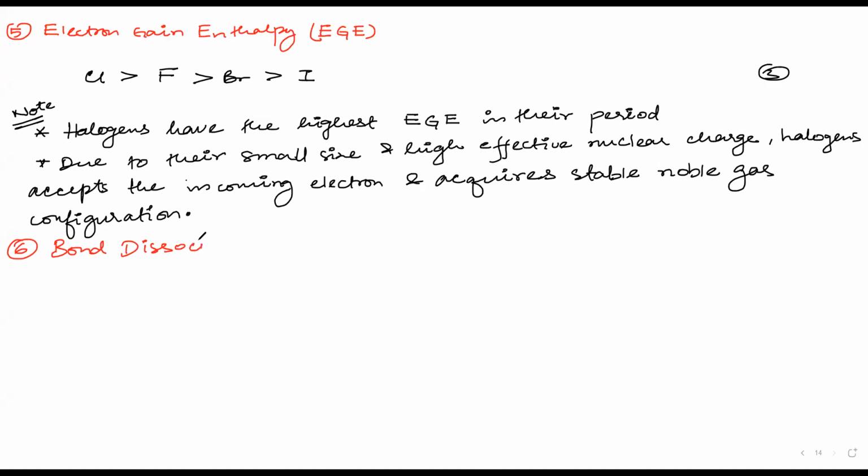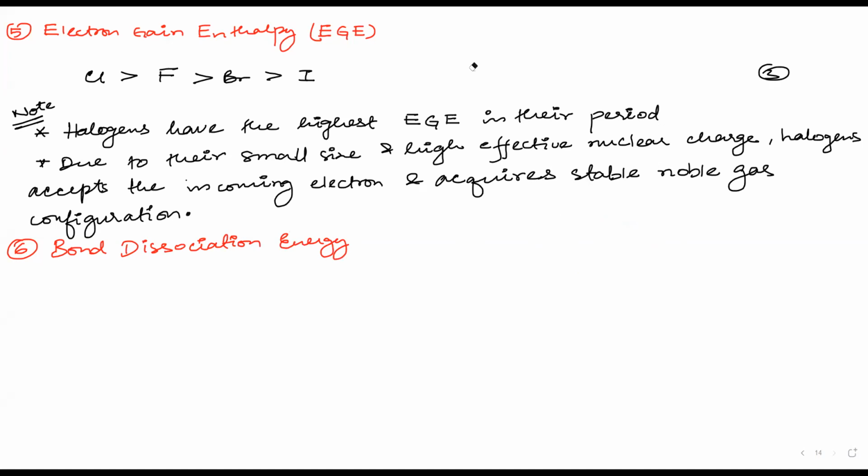Bond dissociation energy. If you have a small bond, the dissociation energy required will be high. If you have long bonds, it will be small. Small bonds can be formed between small atoms. Large bonds are formed between large atoms. So what will happen from top to bottom?